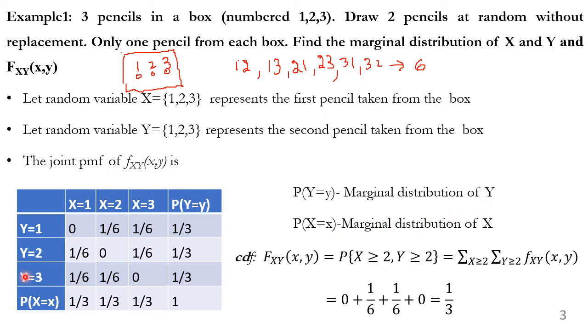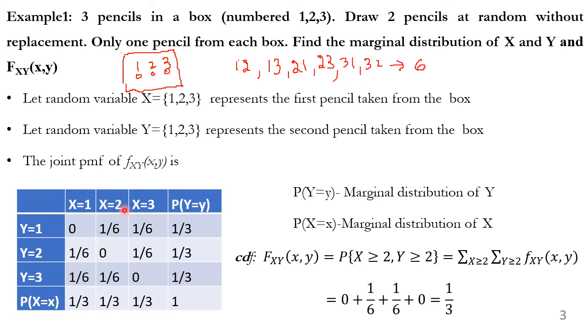Let us take the second row. When I draw the pencil numbered 1 for the first time, then I can draw the pencil number 2 second time. So that is 1, 2, and that combination is given here. It is only one outcome out of the possible 6 outcomes I have. So therefore it is 1 by 6.